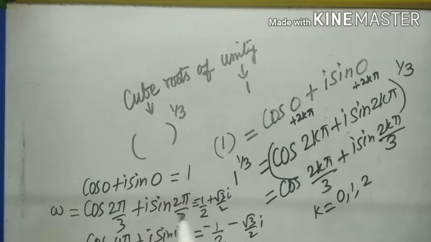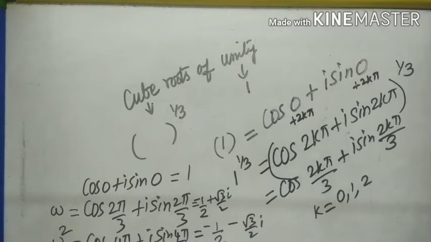What about 4 pi by 3? Cos 4 pi by 3 plus i sin 4 pi by 3 is nothing but cos 2 pi by 3 plus i sin 2 pi by 3, the whole square, by De Moivre's theorem. So this is nothing but omega square.